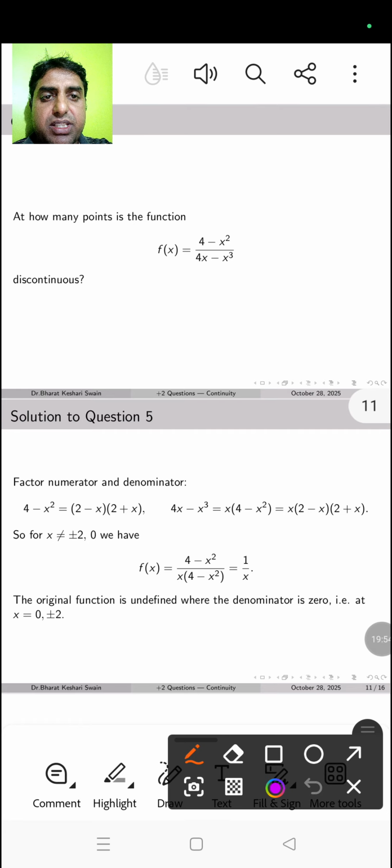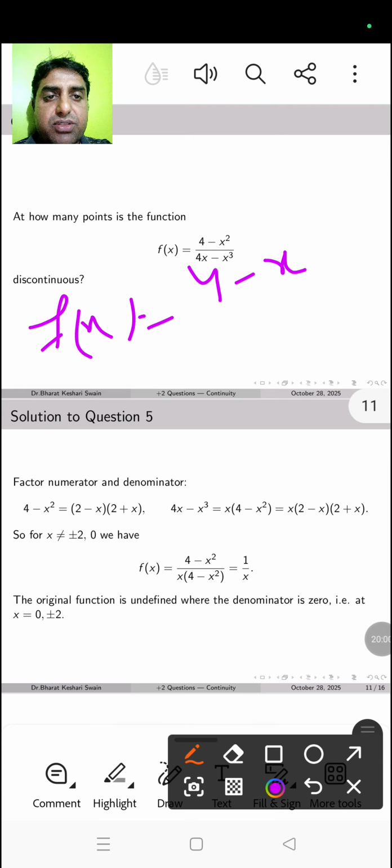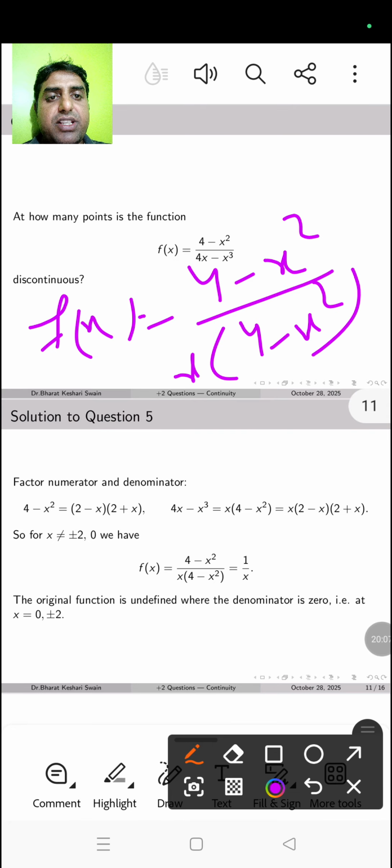Here you can see, if I write the function as f(x) equal to (4 minus x square) divided by x into (4 minus x square), you can cancel 4 minus x square in the numerator and denominator. Otherwise, to check the discontinuous points, you can see where the function is not defined.